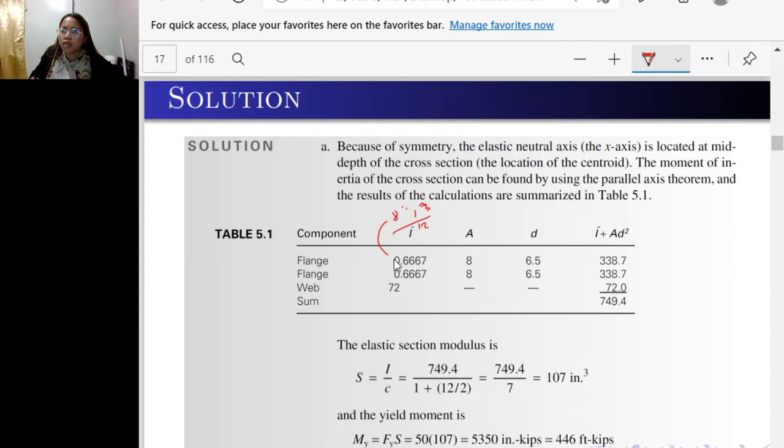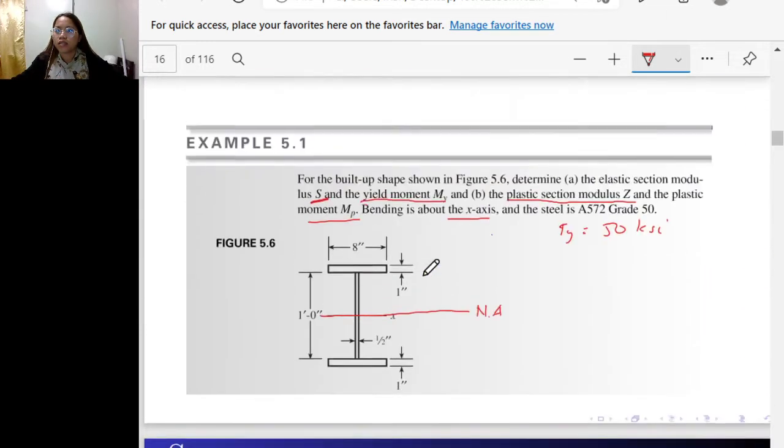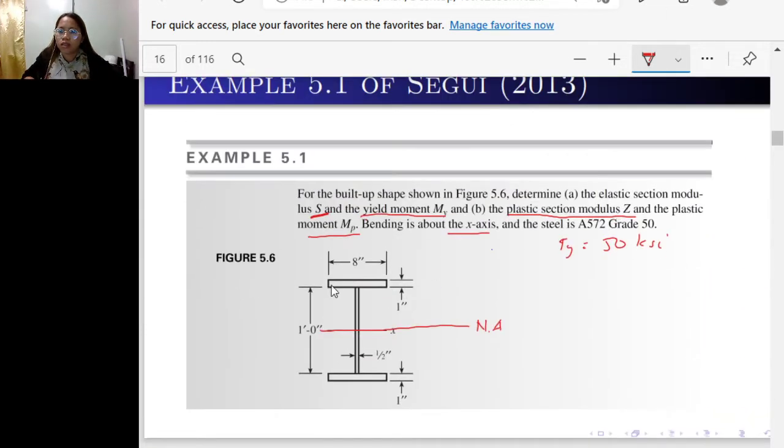The same with the lower flange. So for the upper flange and the lower flange, the I is 8 inches times 1 inch cubed over 12.